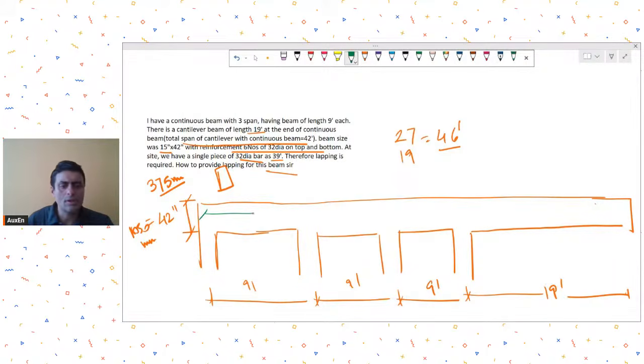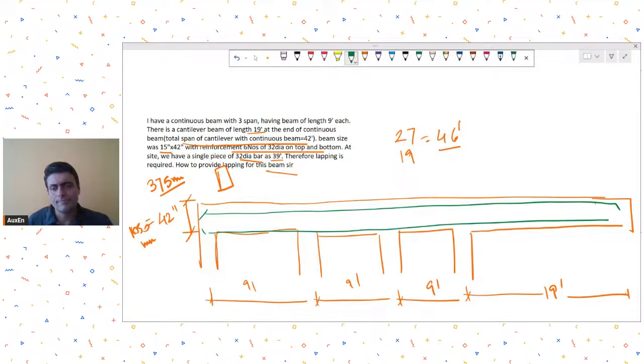So, see, let's say this is your top reinforcement and this is your bottom reinforcement. Now, if you have 39 feet, don't think that you should provide only one lap in this case. I would say you can have multiple cuts in your bars.